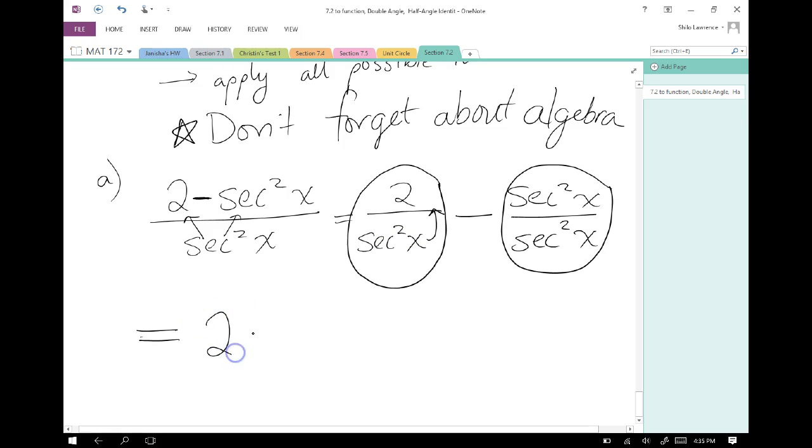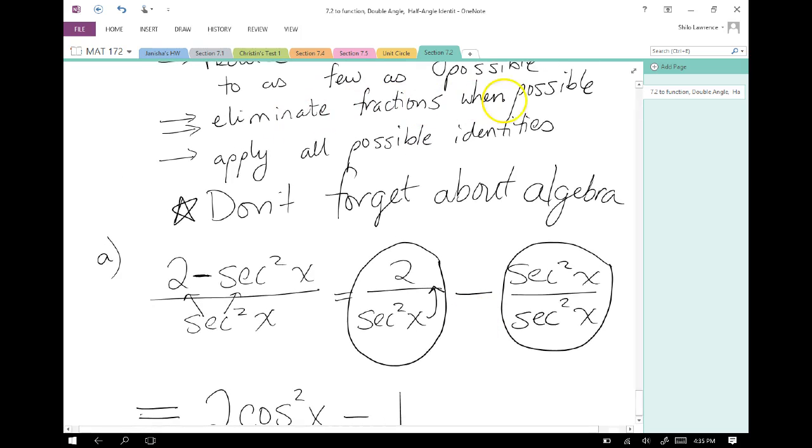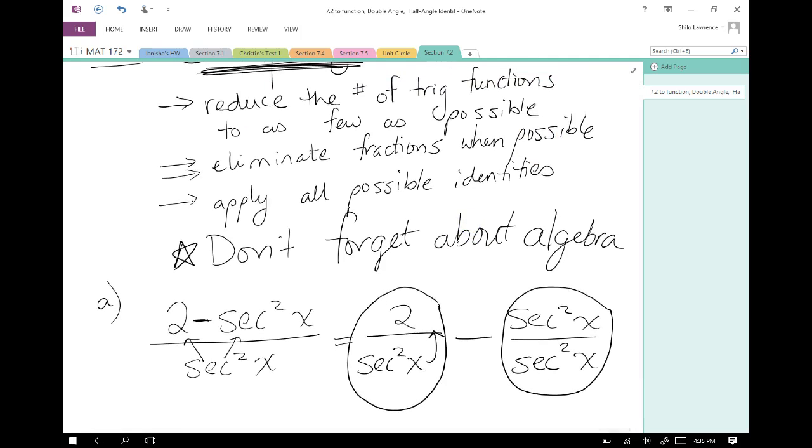So this is the same as 2 cosine squared x. And then my second term, secant squared over secant squared, is just equal to 1. So I've followed 2 of my rules so far. I've eliminated fractions when possible. I have also not forgotten about my algebra.